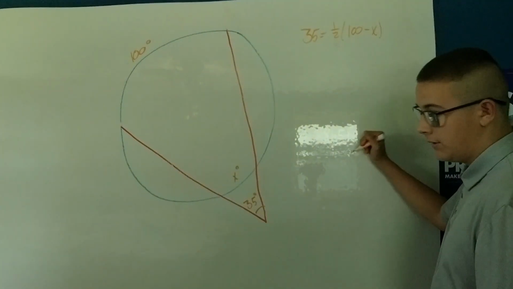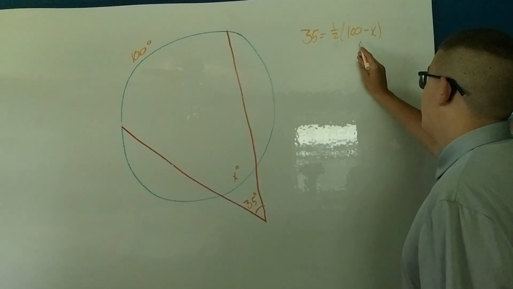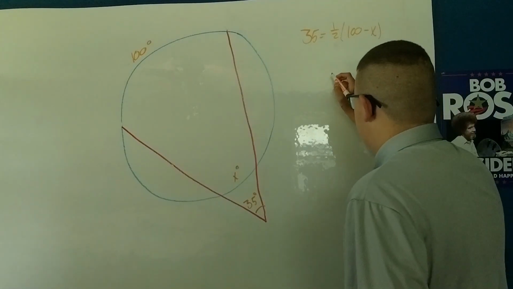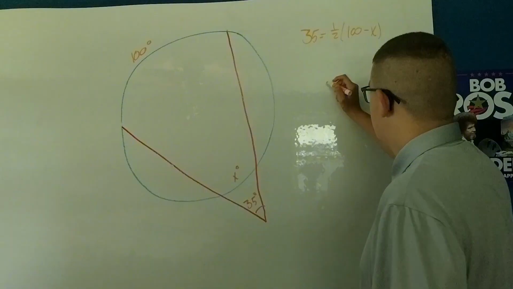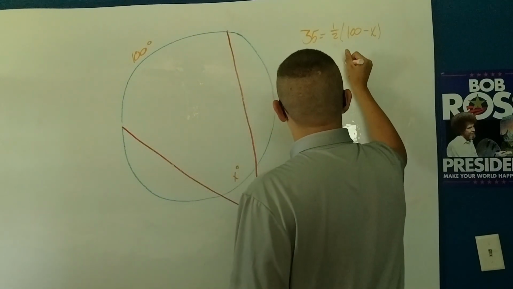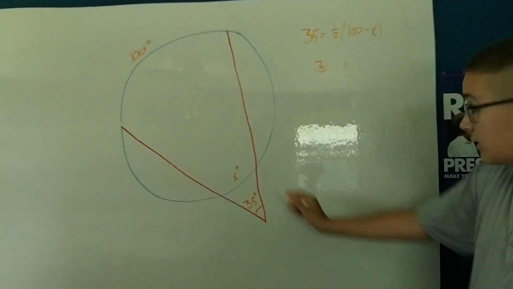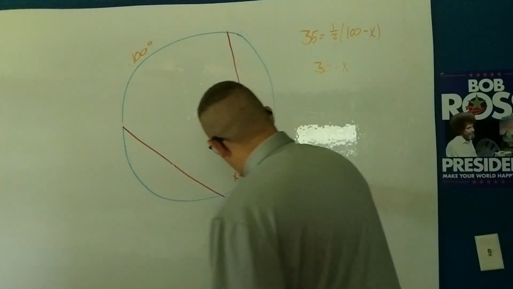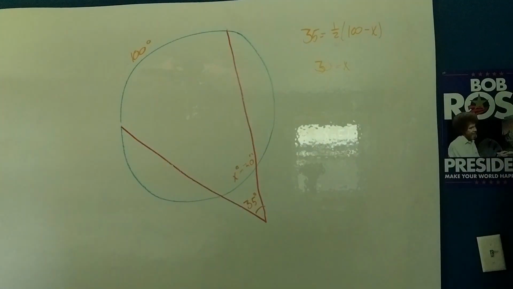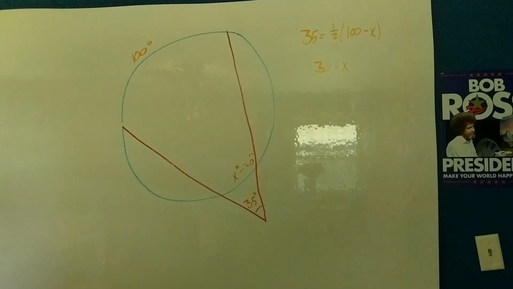And now if you solve this, you work it down, you multiply by 2, 70, you subtract this, negative 30, you divide out the negative 1, you get 30. So you get 30 equals x when you solve it, like that. And that's just your answer. You get x equals 30 degrees. And I have one more for you.